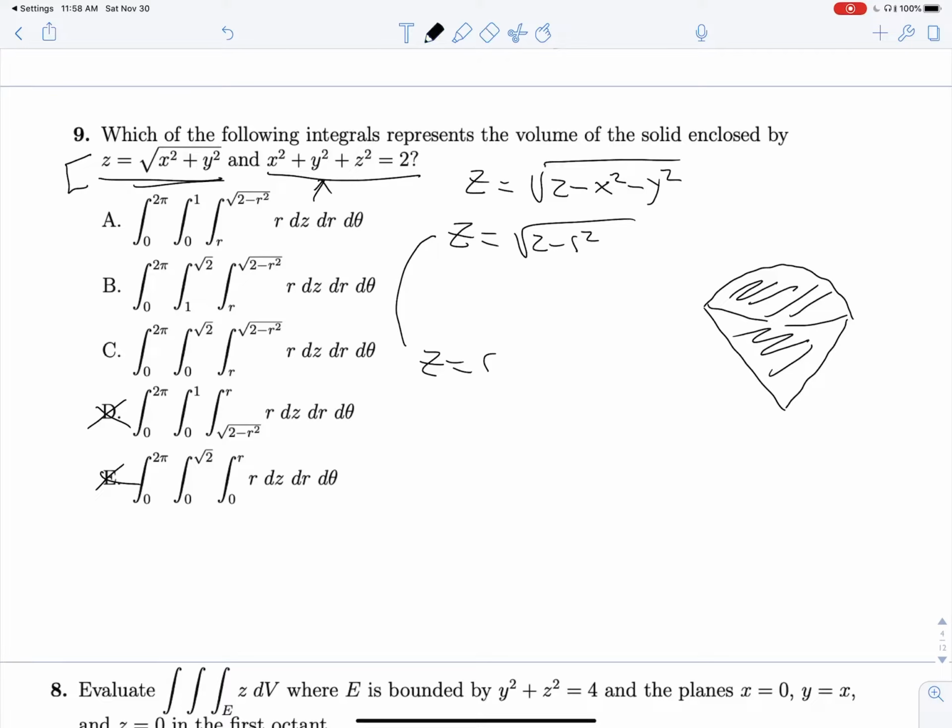Okay, what is our bound on r going to be? Well, if we draw our z axis through here at z equals 0, since we're dealing with a cone, r also equals 0, and we can evaluate that here to prove it. But what about at this intersection point, which is going to be our widest point?